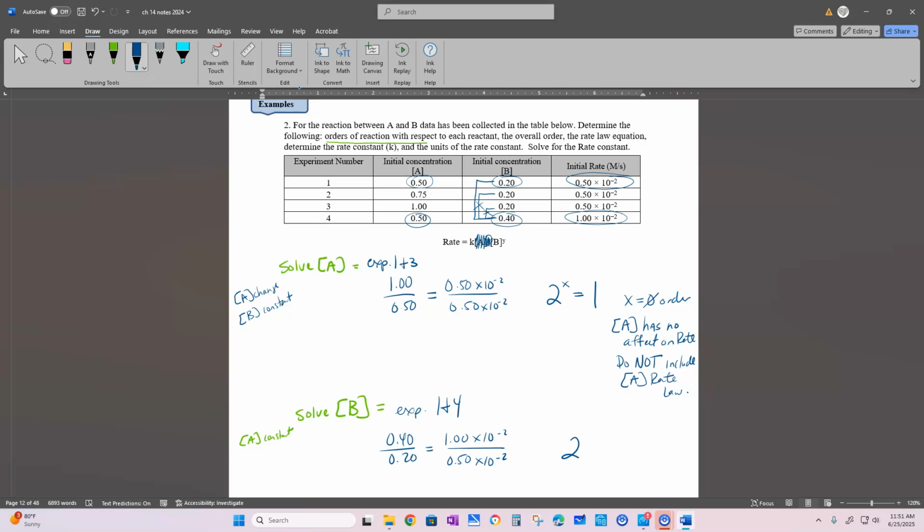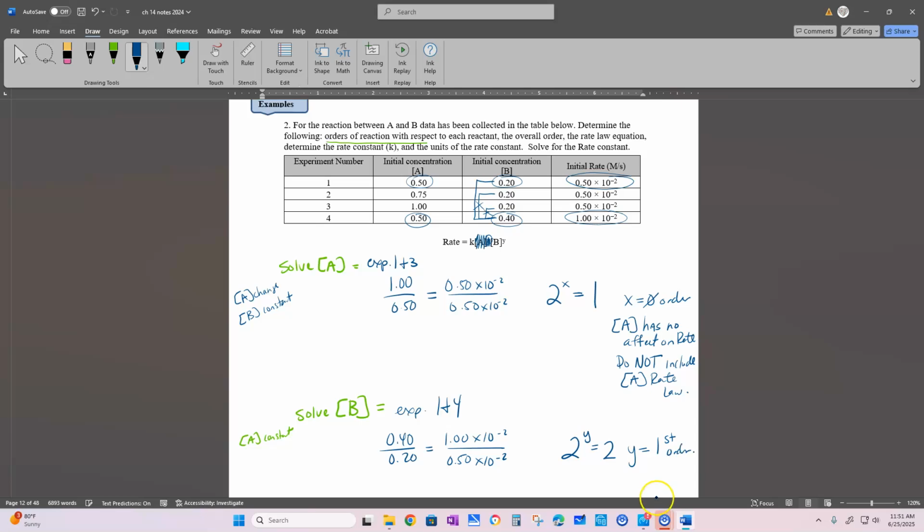Let's make sure we plug it in. 1.00 divided by 0.050. Oops, I had too many zeros. 1 divided by 0.5, so that's 2. So 2 to the y is 2. Well, that has an effect. That means y is first order.